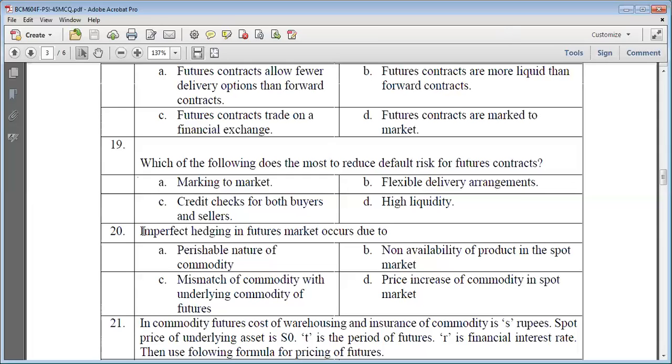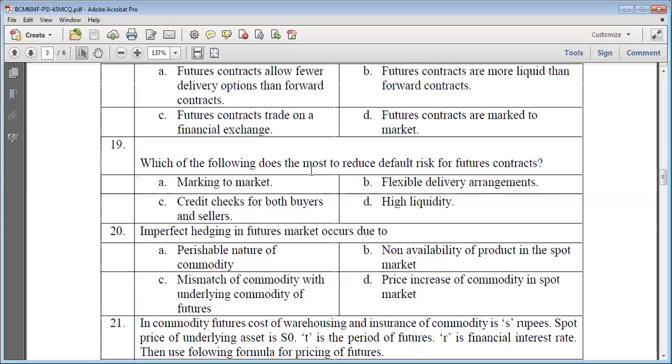Now finally, for this lecture, we are considering problem number 20. Imperfect hedging in the futures market occurs due to... Hedging means minimization of risk. 100% minimization of risk is rarely possible. What we get is that the risk is minimized, but by less than 100%.